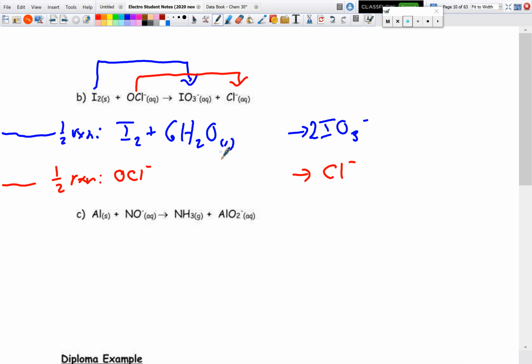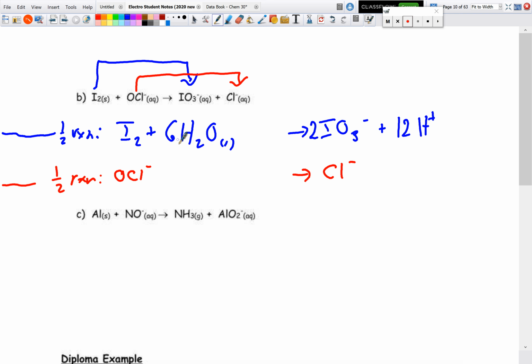After we add our water molecules, we balance our hydrogens by adding H+. On my reactant side now, I have 12 hydrogens, and on my product side I have 0, so I need to add 12 H+ on this side of the equation to balance out the hydrogens. And finally, we balance charge.